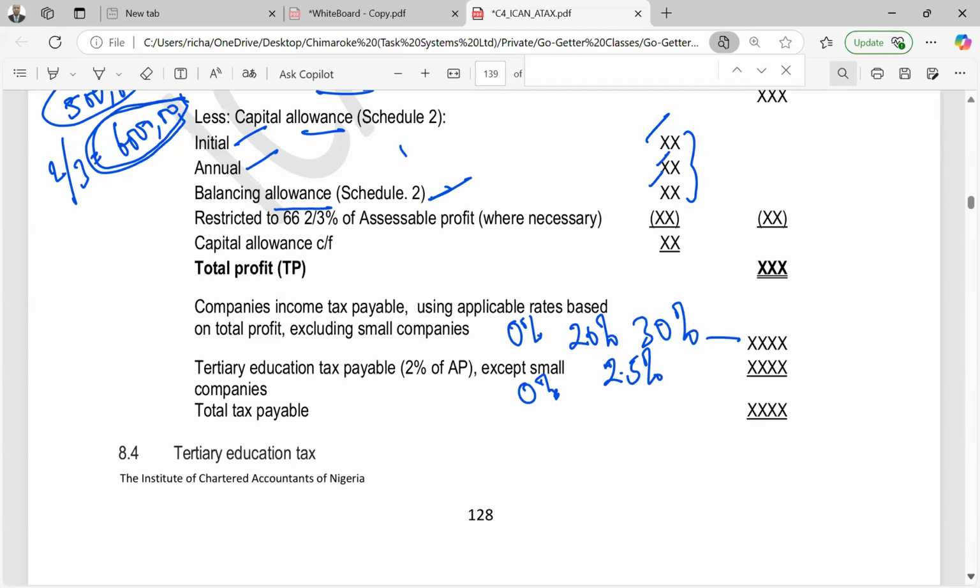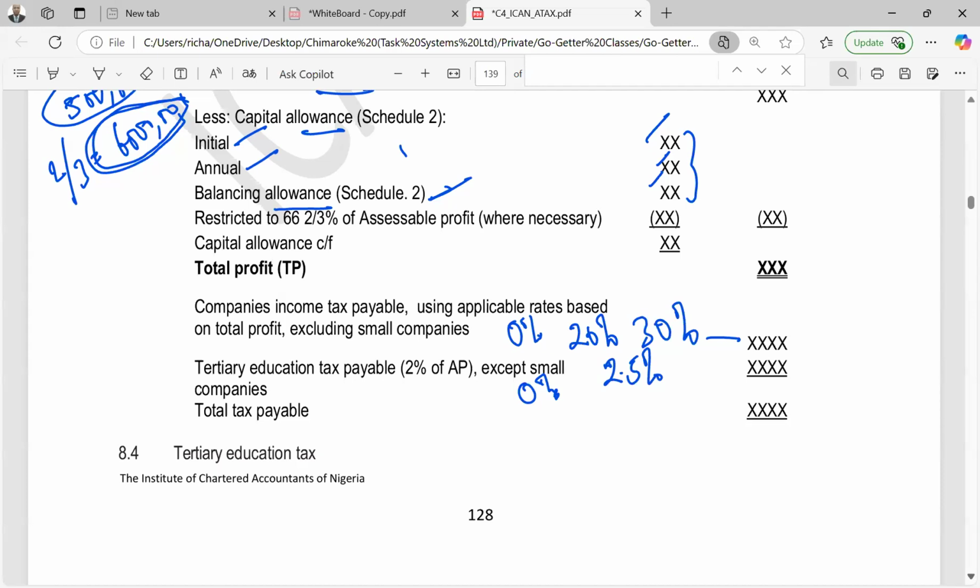Then they will refer to the notes to show how this tax was computed. Then you now see profit after tax. So financial accountants can now use the profit after tax to determine what the dividends or the retained earnings will be. So we've seen the format of the total profit, how the total profit is arrived at.